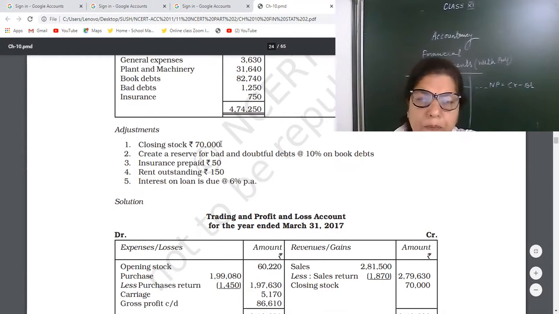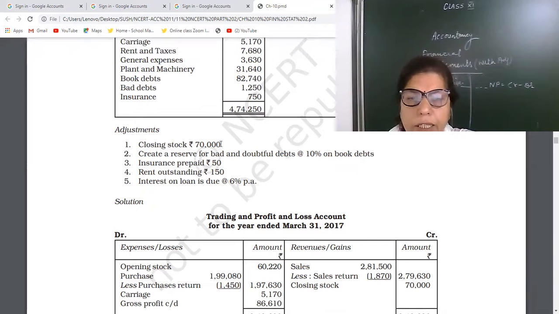Closing stock: credit of trading and asset side. PVD: debit of P&L and minus in debtors in balance sheet. Insurance prepaid: minus from insurance and asset side. Rent outstanding: plus in rent and liabilities side.